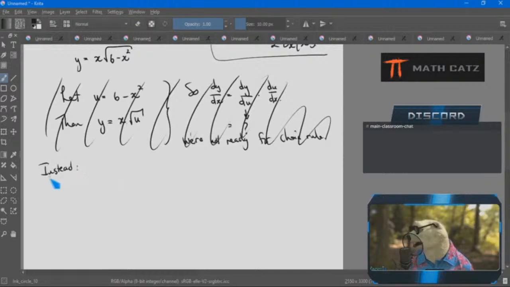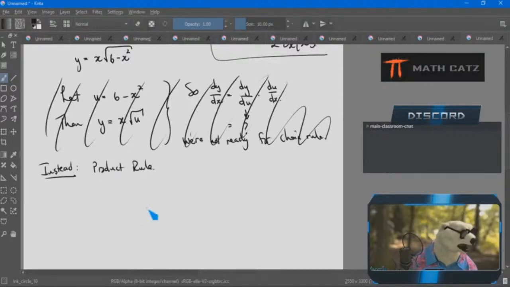So what can we do? Instead, we're going to use the product rule. I have other properties. Don't think, oh, I have this chain rule sledgehammer. Now, every nail I see, I'm going to use this huge hammer because it's so powerful. I can do everything. Yes, it might feel like that, but you need to set up the nail. It needs to be the appropriate situation.